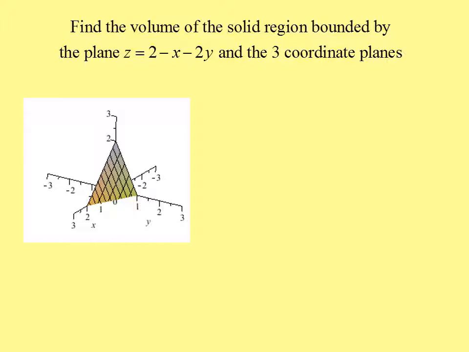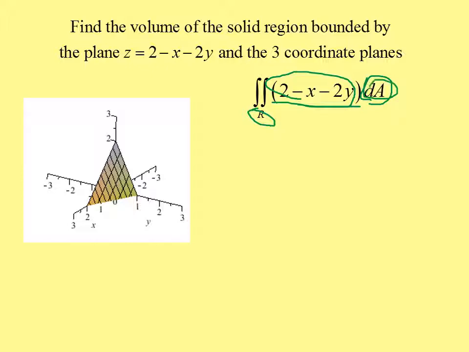Now, what I need to do is use the height of the plane and then the area in the XY projection. So here's the height. That just means the z value. So we've got the length times the area, which is what gives us volume. And so we need to set up the area.